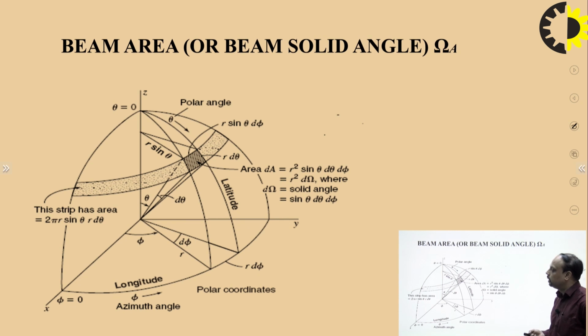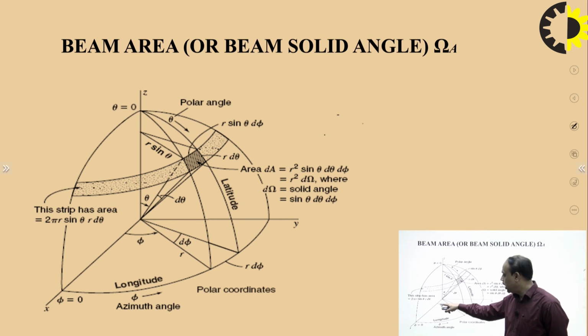This is the beam representation in the 3D scenario. This is the theta variation, this is the phi variation, and this is the projection of r over the phi direction. This is the variation d phi and this is r sin theta, so this length becomes r sin theta into d phi, and this is r, constant r, and the change in theta from this point to this point is d theta.